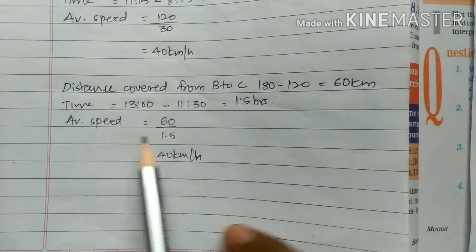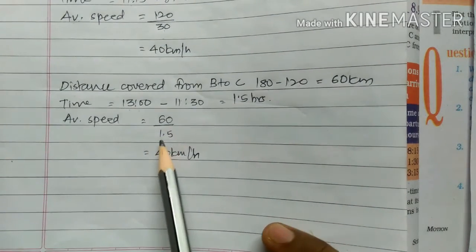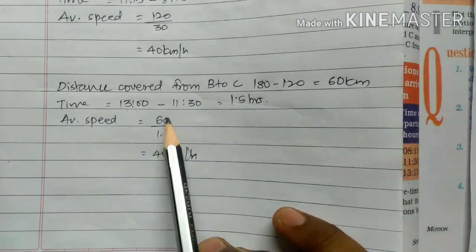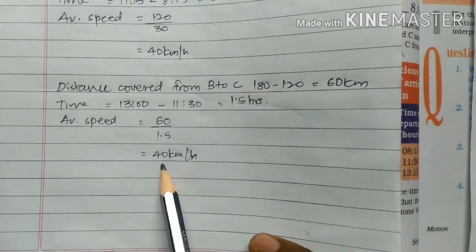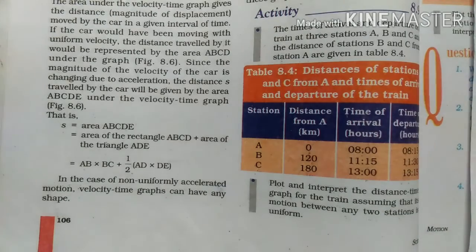Here average speed is equal to distance upon time, that is 60 upon 1.5. When we divide 60 by 1.5, it comes to 40 km per hour. Now we will move on to the next question.